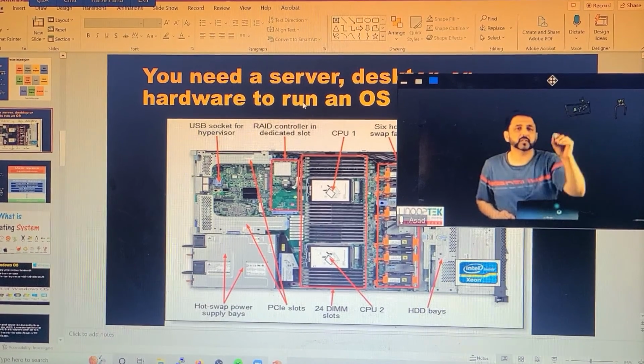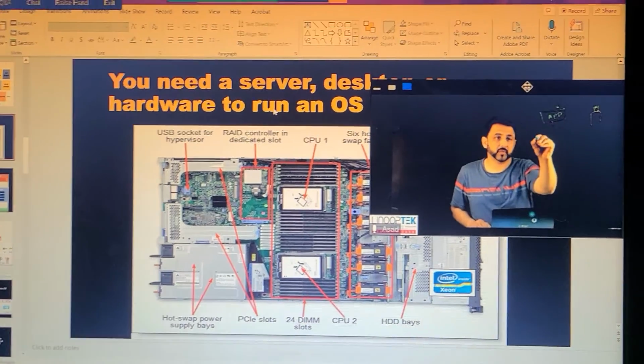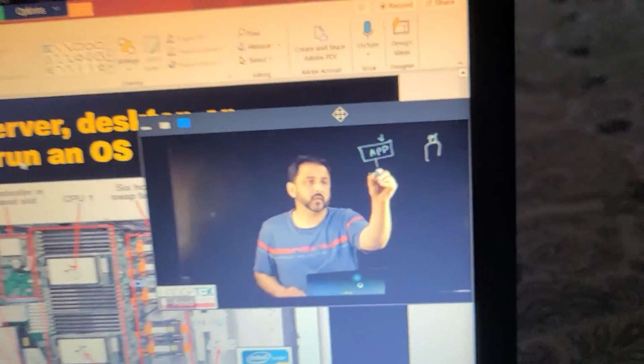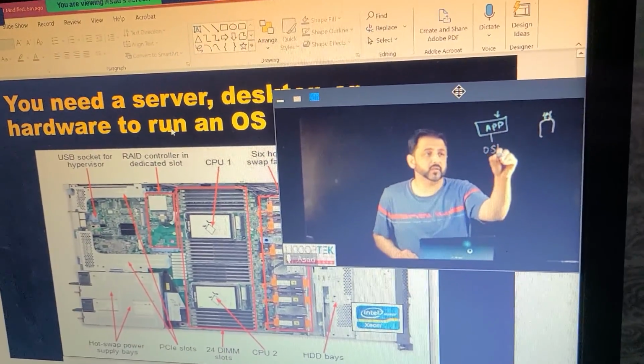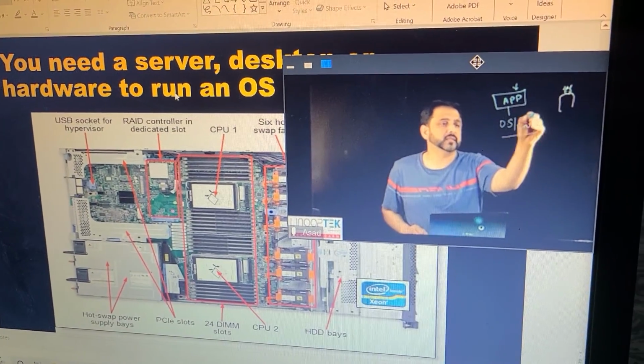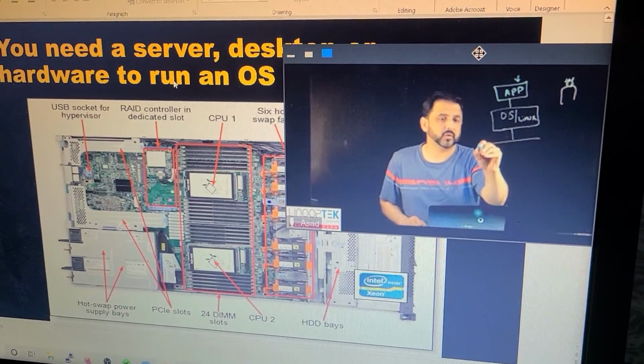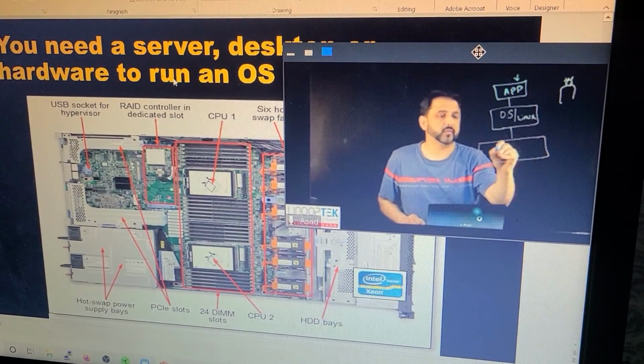This application, ladies and gentlemen, is running on top of some OS, and the likelihood is it's running on top of Linux. And this Linux, ladies and gentlemen, sits on top of your hardware right over here.